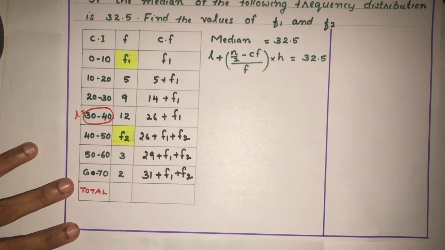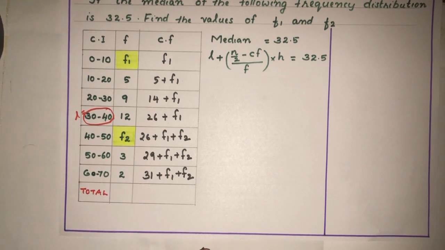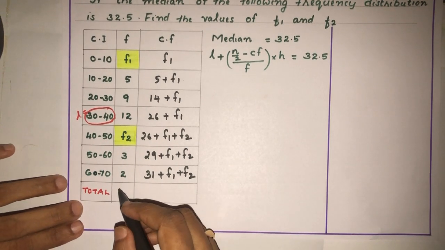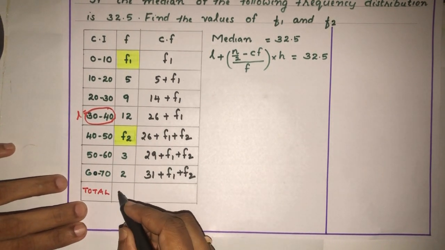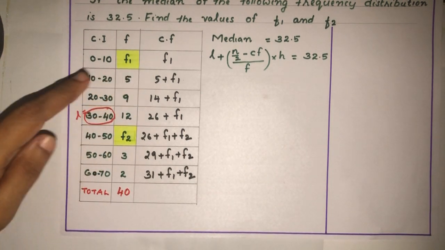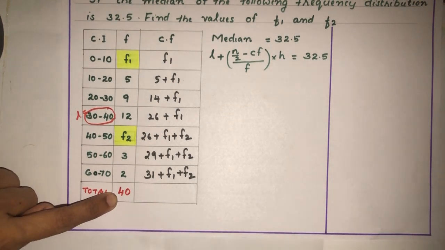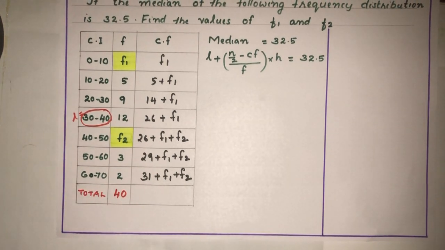Then N by 2. What is the value of N? Here it is given in the question. It is given as 40. See, in the question it is given that the total frequency is 40. Okay.